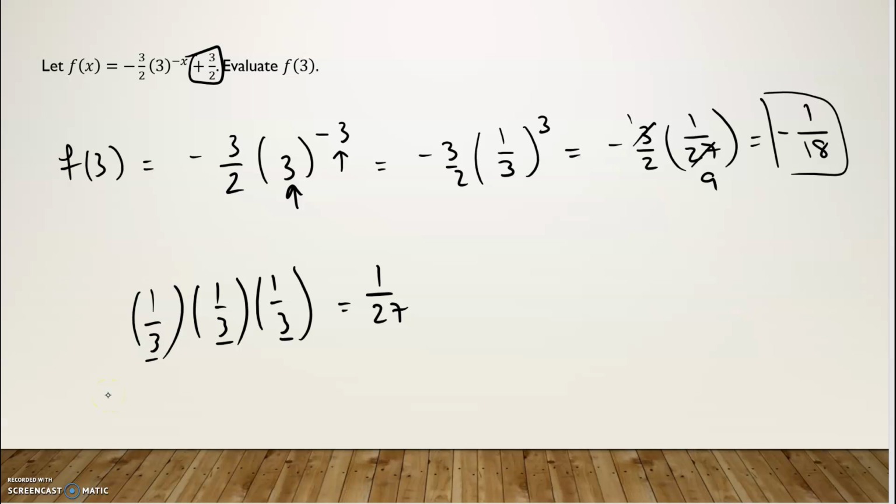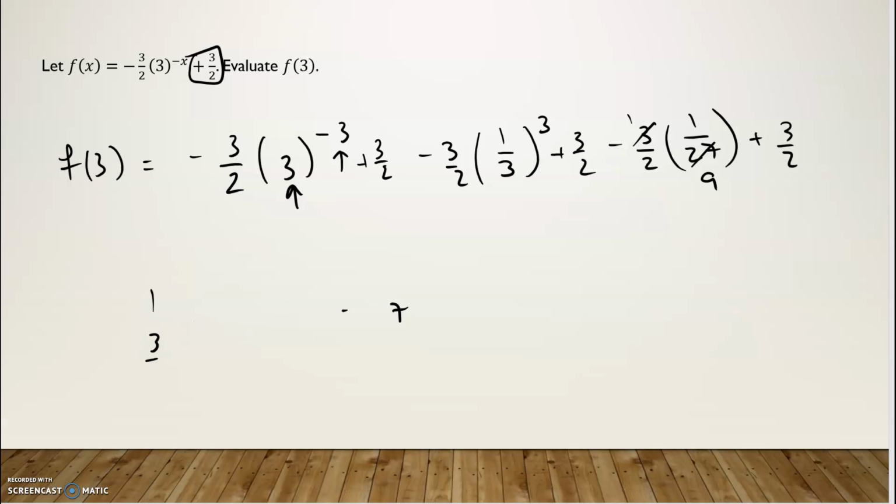Whoops, I forgot to add that little piece right there. So that wouldn't be my final answer. So I need plus 3 over 2 here. All right, so we said that's negative 1 over 18, and then plus 3 over 2.